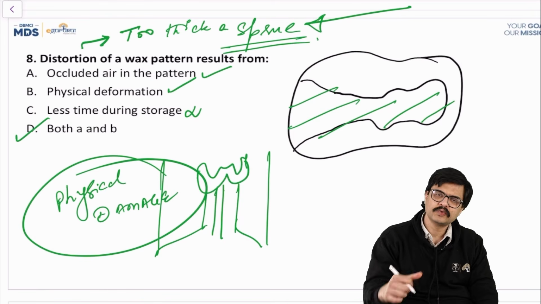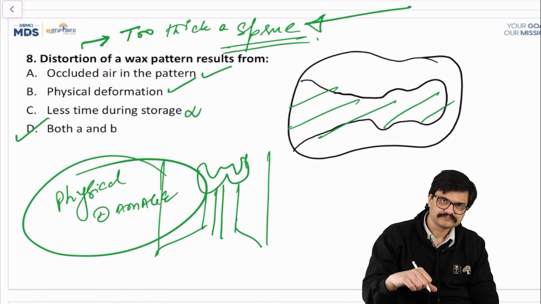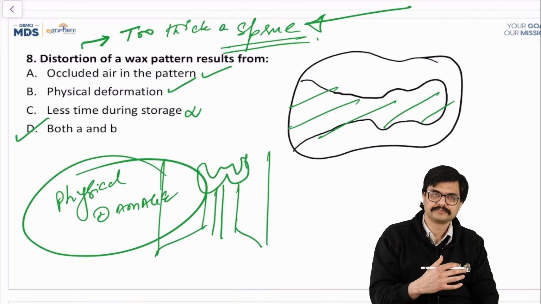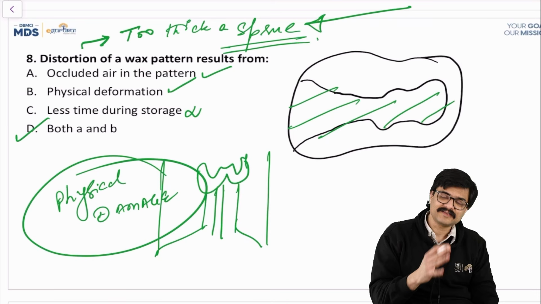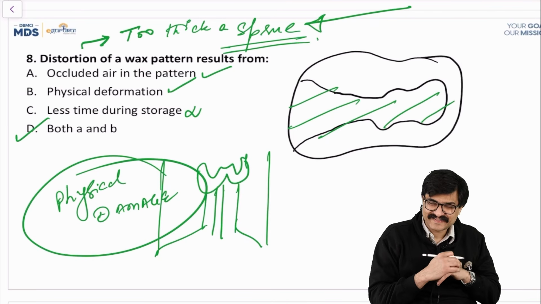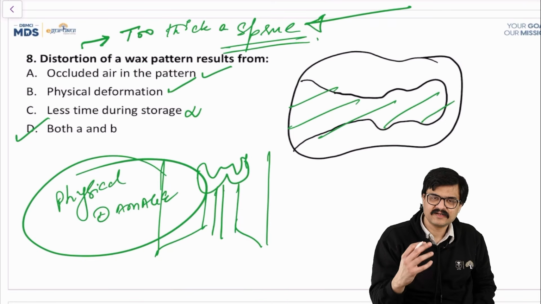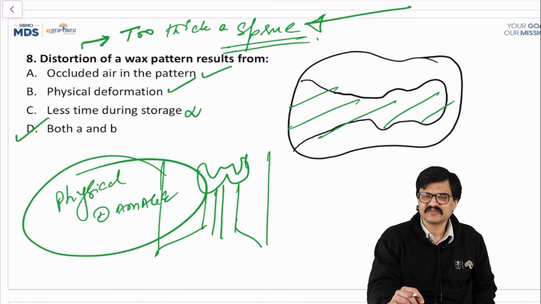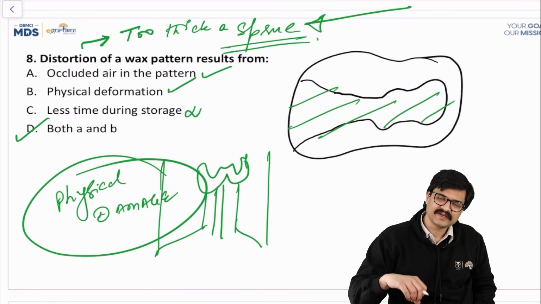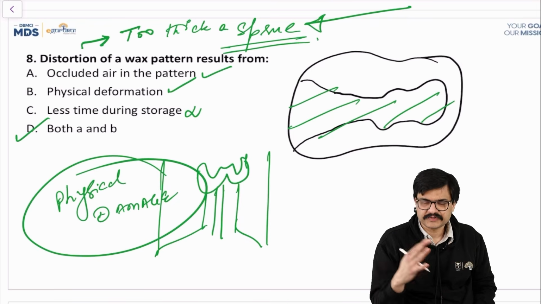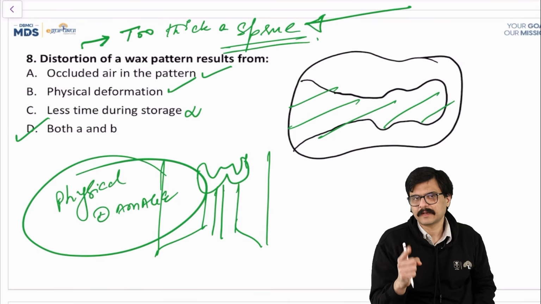And then during cooling, if you're applying too much pressure on the wax pattern, then while reheating it again, the wax pattern is going to show a very significant increase in thermal expansion. The increase in thermal expansion beyond the glass transition temperature for a wax pattern which has sustained compression or external force during cooling is going to be exponentially much more. So that is also one of the reasons of distortion of wax pattern, right?